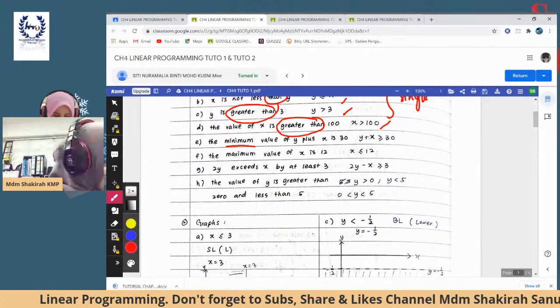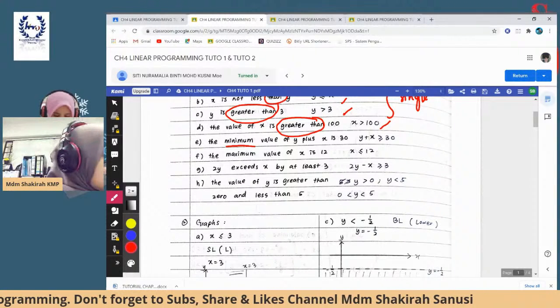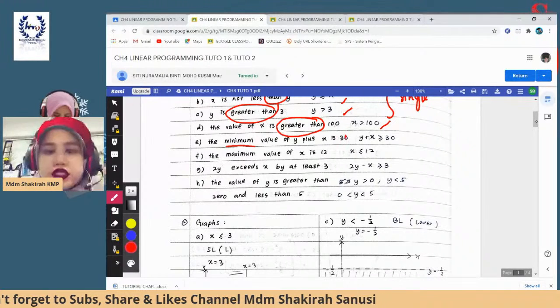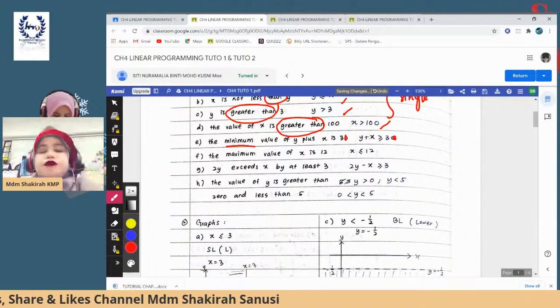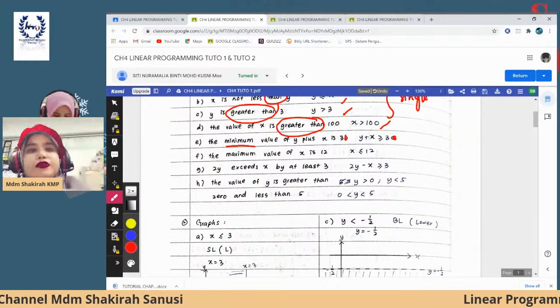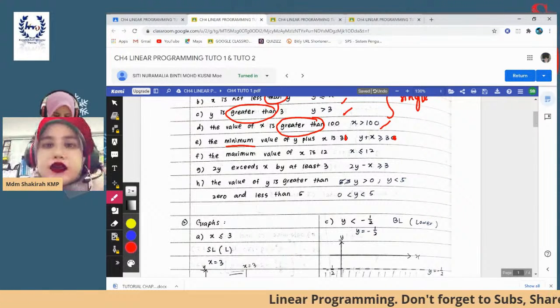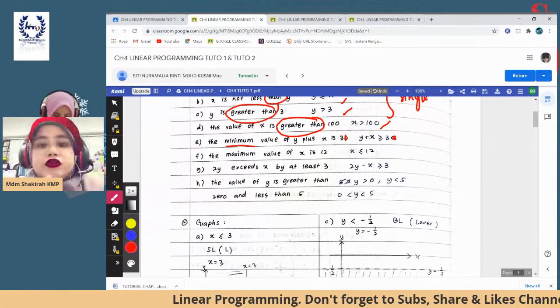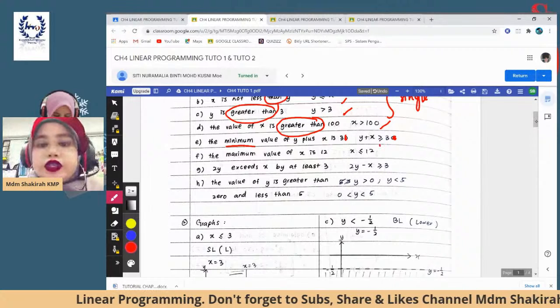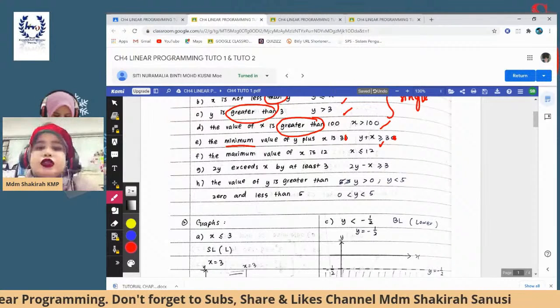There's something wrong there. The question is 3, right? Minimum value means its value is the smallest. When the value is the smallest, it means the value 3 is included. So when it is included, that's why you have to use greater or equal.